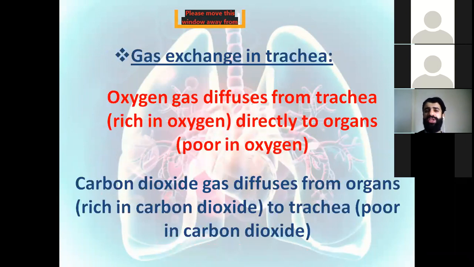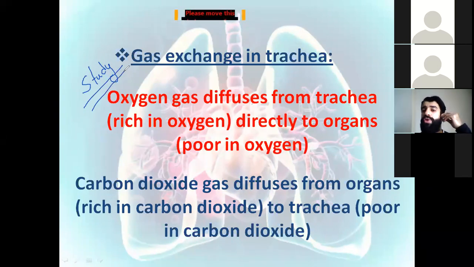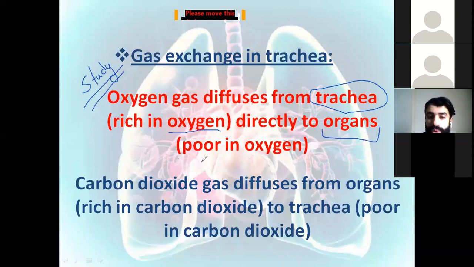Gas exchange in the trachea is similar to that in the lungs, but here we don't have lungs, we have trachea. These notes you also have to study. Whenever I ask you to describe the gas exchange at the level of the trachea: oxygen gas diffuses from the trachea, which is rich in oxygen gas, directly toward the organs, which are poor in oxygen gas.